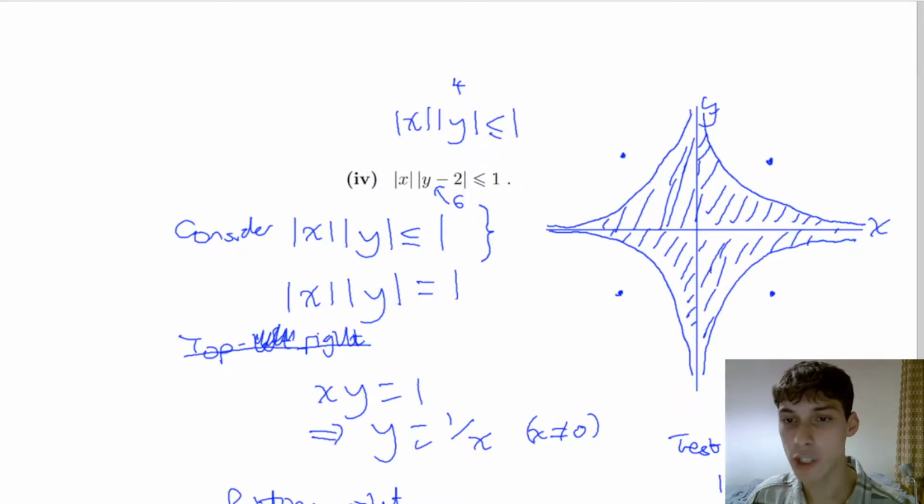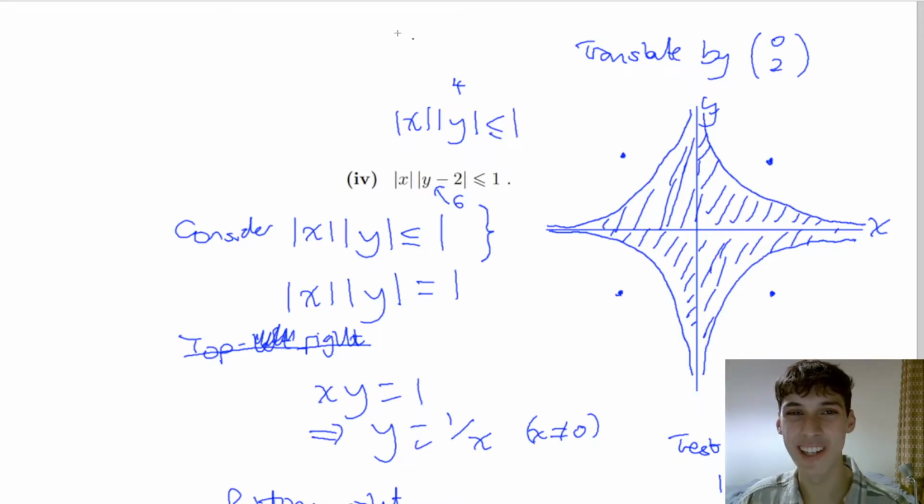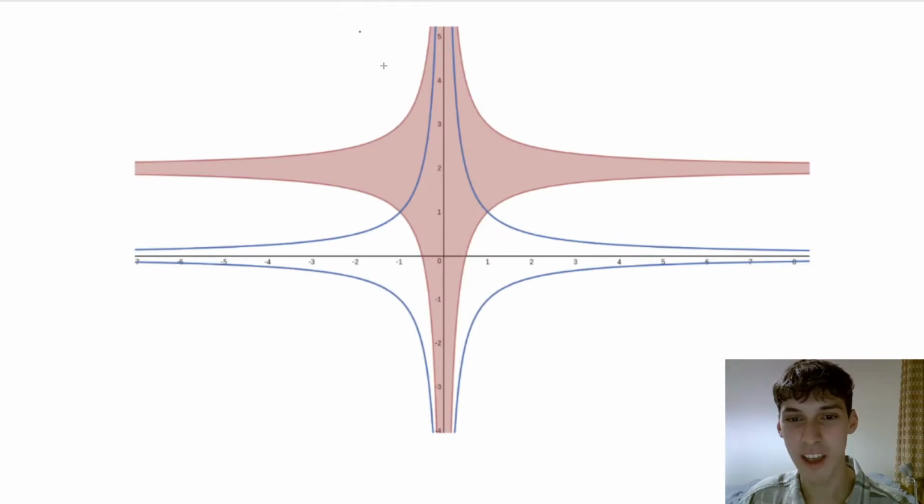So we're just adding 2 to the y. So let's translate by 0, 2. And again, I will spare you my drawing of that and show you the solution, where we have exactly what we had, but just shifted up by 2 in the y.